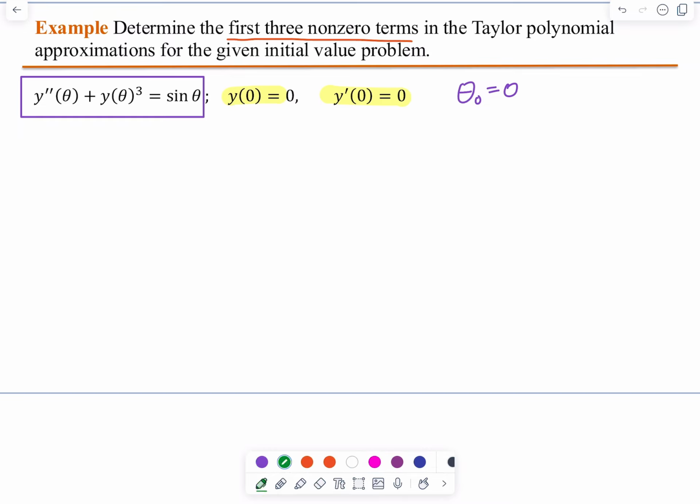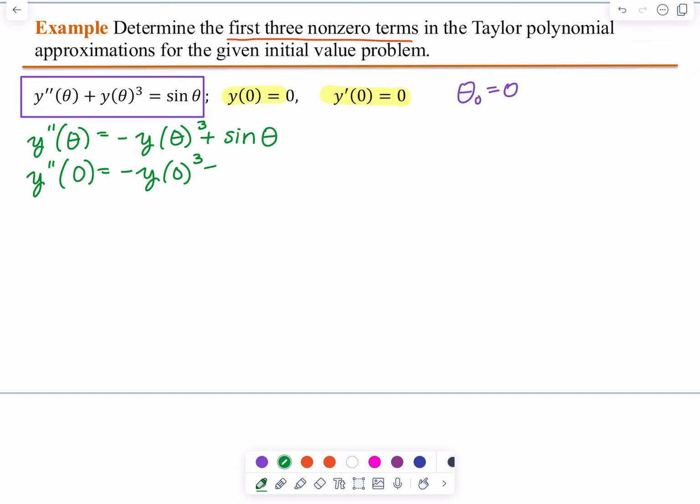Let's go ahead and rewrite y double prime of theta is equal to the opposite of y of theta cubed plus the sine of theta. So now we will evaluate y double prime at 0, and we have the opposite of y of 0 cubed plus the sine of 0, and that's equal to 0.